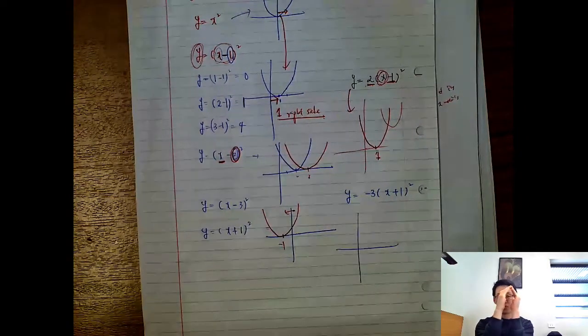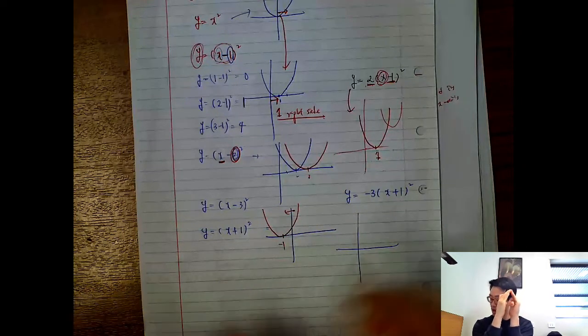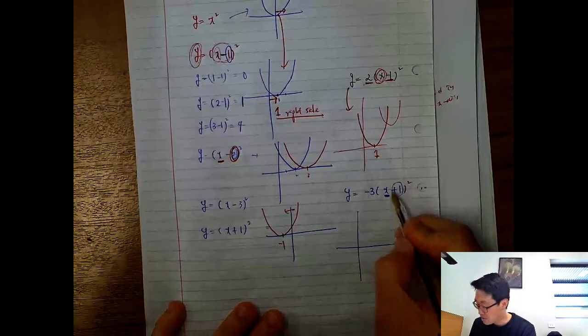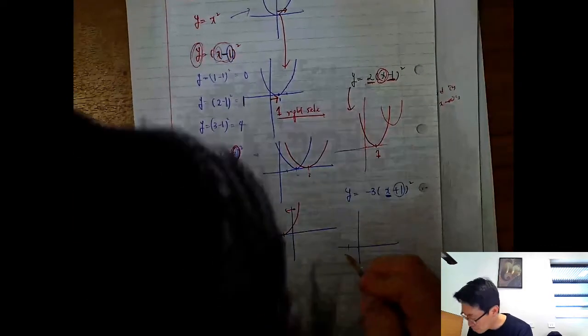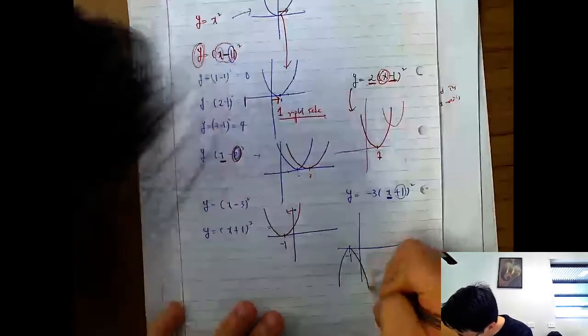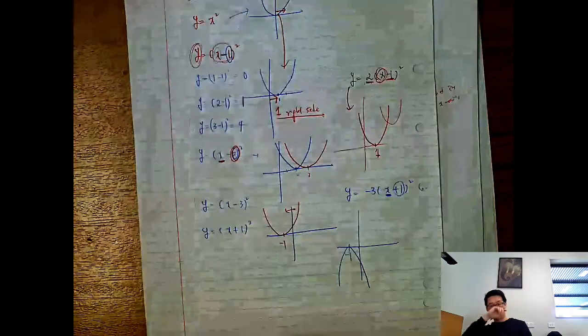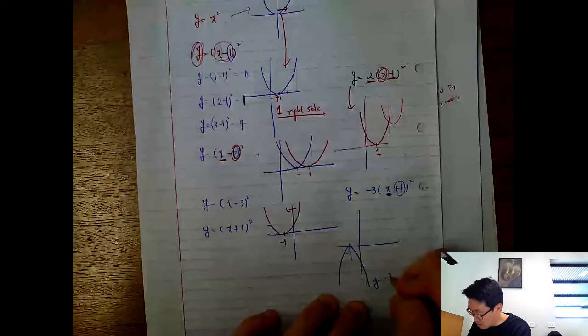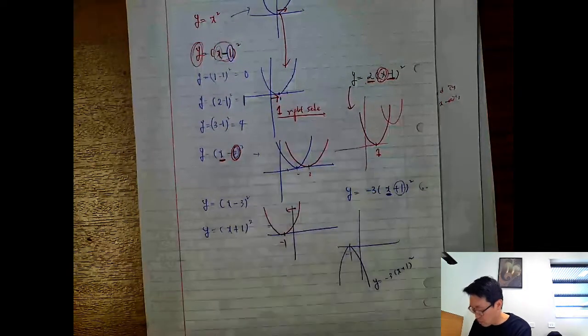So we have a maximum turning point here. And then move the x value, how much? Opposite of this, minus 1. And narrower, I'll have this. So you're happy with that? So this is y equals minus 3(x plus 1) squared.